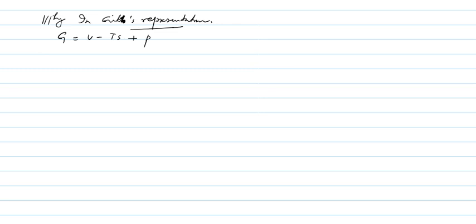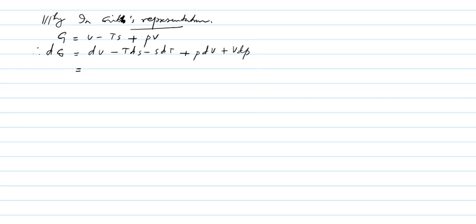You can have several ways of defining it. So, therefore, what is dG equal to? dG is equal to dU minus TdS minus SdT plus PdV plus VdP. Now this dU can be expanded in terms of the first law of thermodynamics.